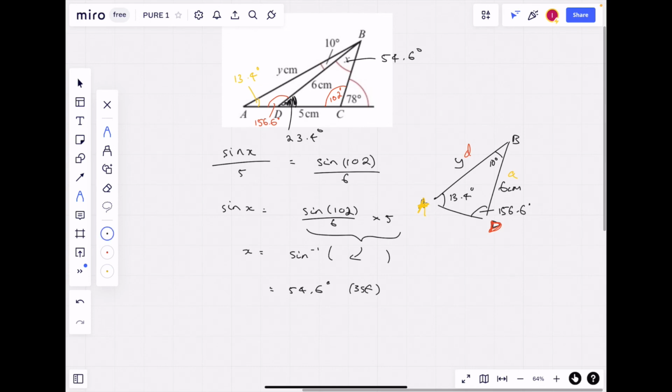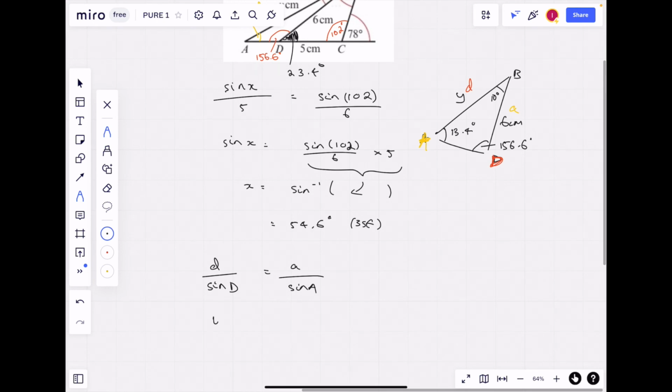We're trying to work out a side. D over sine D equals A over sine A. So Y over sine 156.6 equals 6 over sine 13.4.